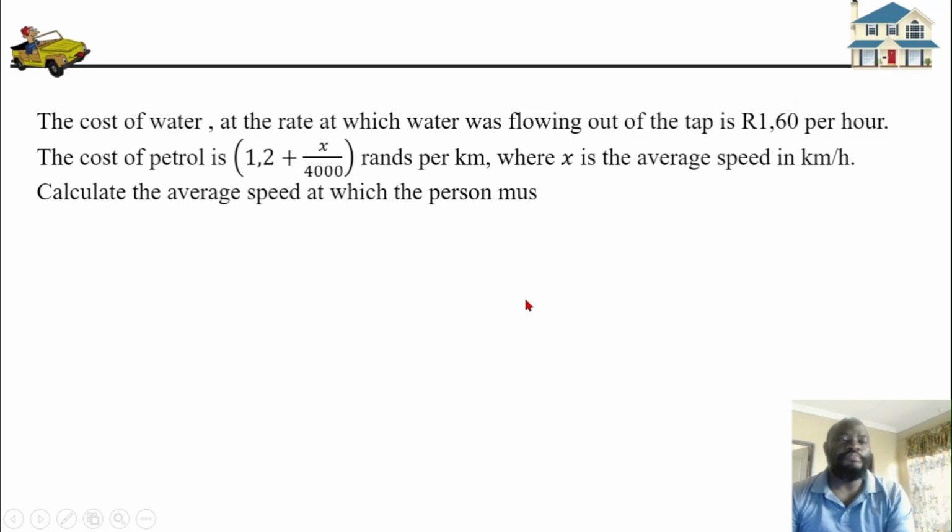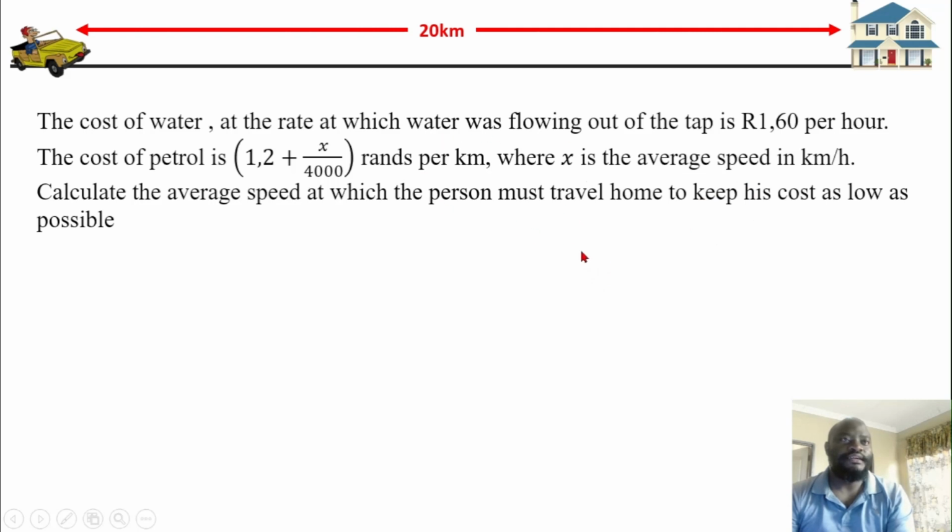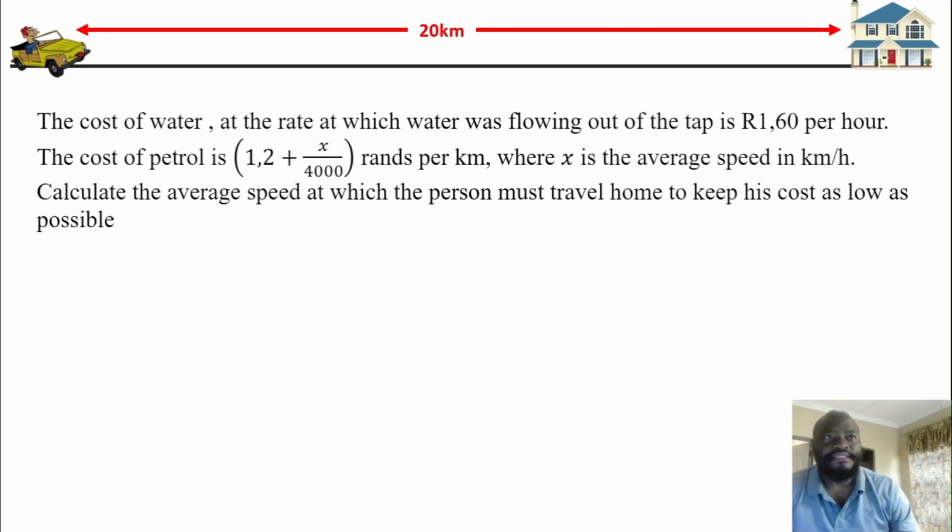So we are going to compare these two rates, and we're going to come up with a cost function for the whole situation, and then we're going to try and minimize it. So that is our problem. So they want us to calculate the average speed at which he must travel to keep his cost as low as possible. So this is the combination of the cost of water and the cost of petrol.